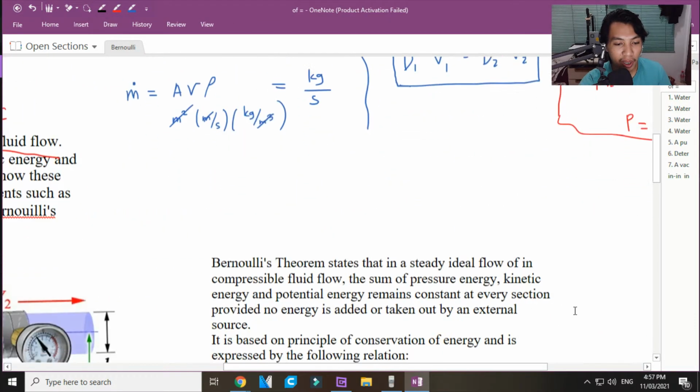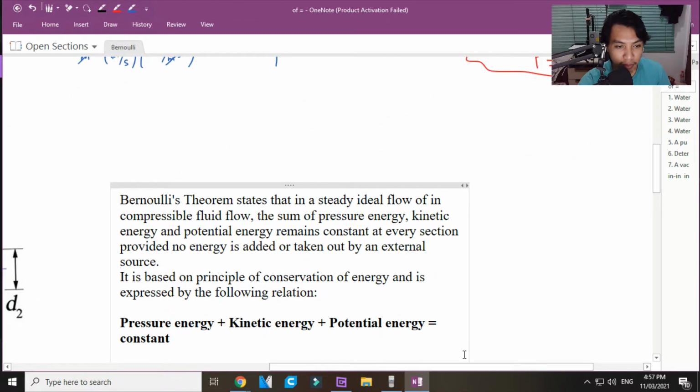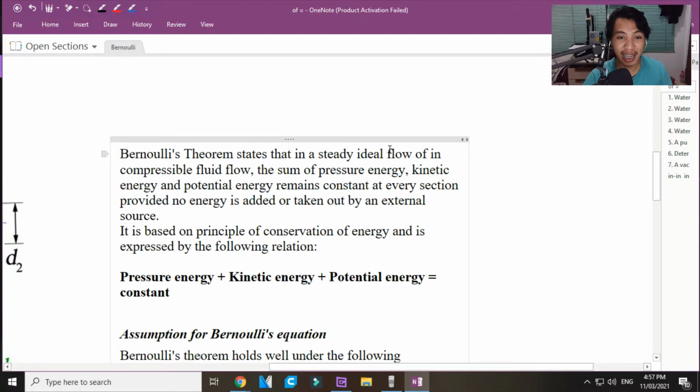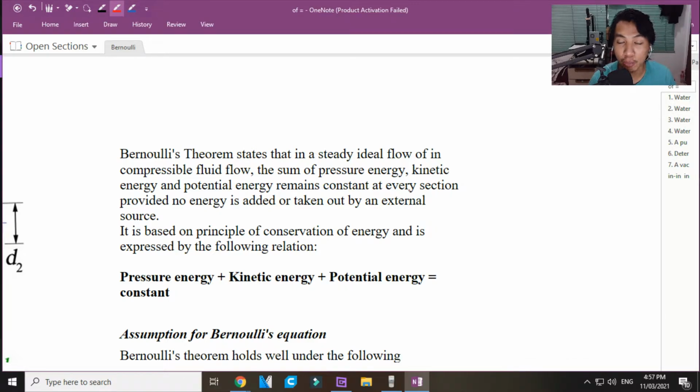Now, the Bernoulli Theorem states that in a steady ideal flow without any interruption of incompressible fluid, what is an incompressible fluid? A fluid that you cannot compress, like water. The sum of pressure energy, kinetic energy, and potential energy remains constant at every section.